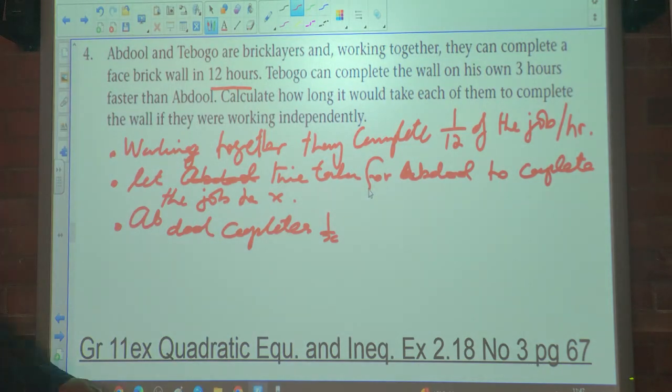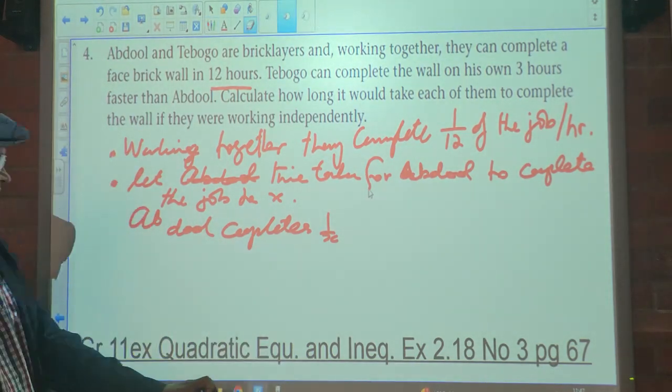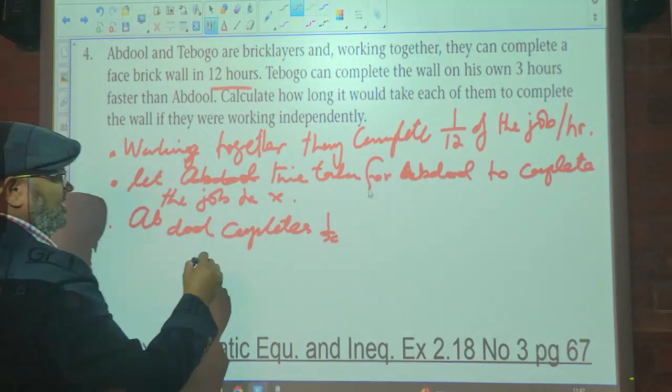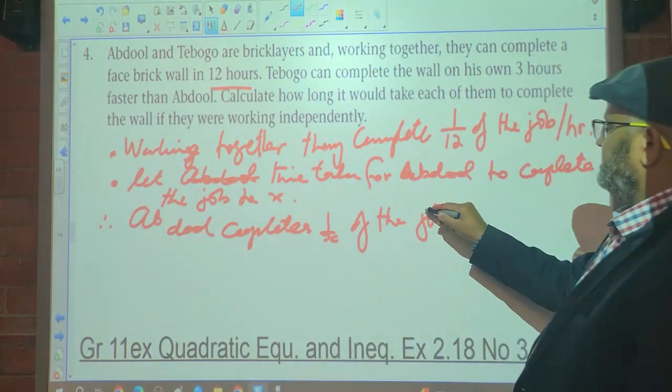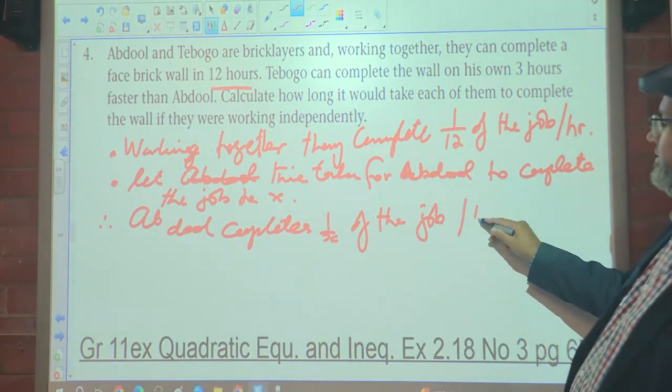So if that is the case, people, Abdul completes 1 over x of the job per hour.